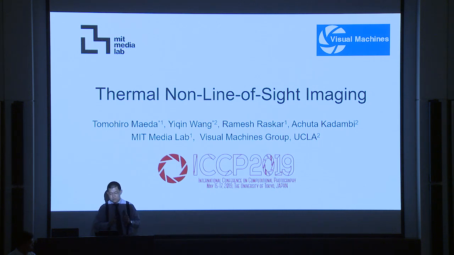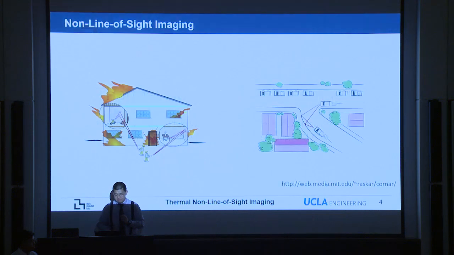And now we present thermal non-line of sight imaging. Along with my co-authors, Tomo Maeda, and our faculty advisors, Ramesh and Achyuta, we exploit the unique physics of thermal reflections. As everyone here may know, non-line of sight imaging, also known as seeing around corners, has gained significant interest during recent years.